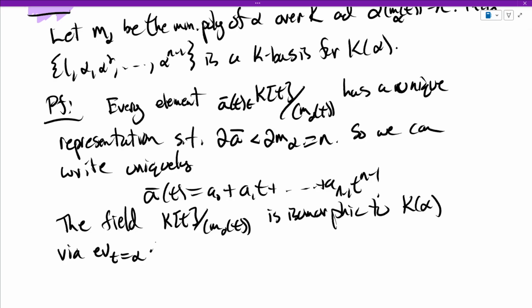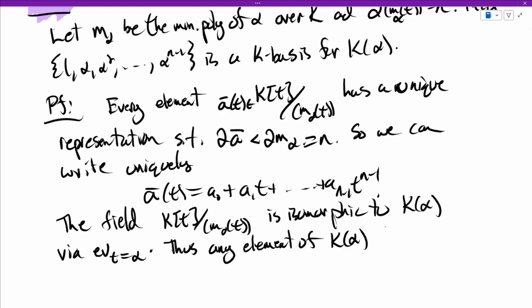And this, again, isomorphism need not be unique. There could be many of them, but this is one such isomorphism. Thus, any element of k alpha comes from one of these unique representations here, and since it's an isomorphism, it comes from the unique representation uniquely.